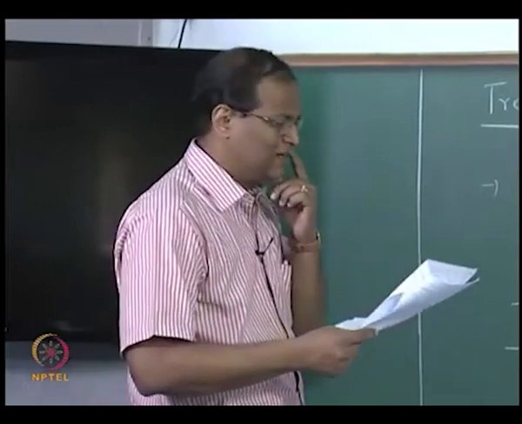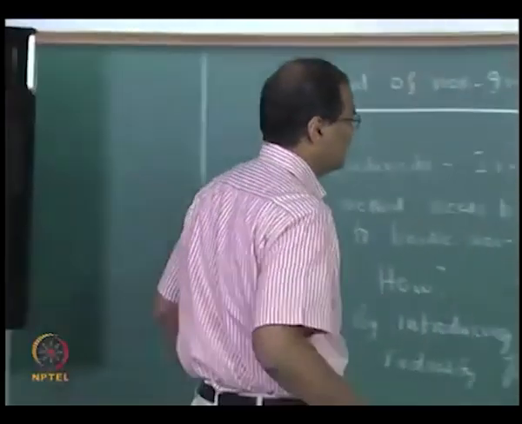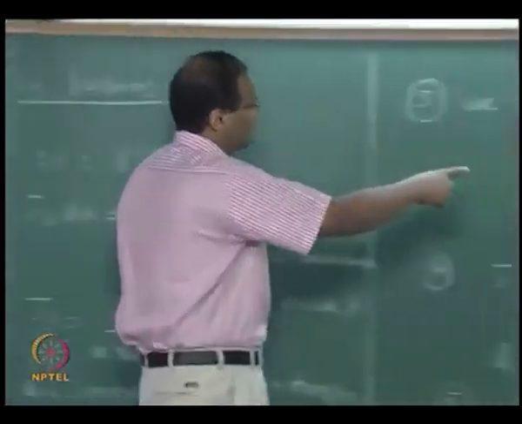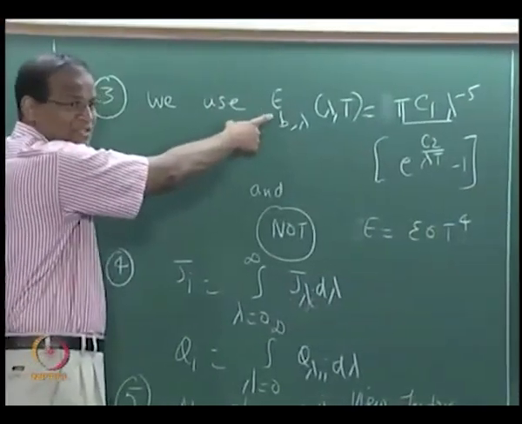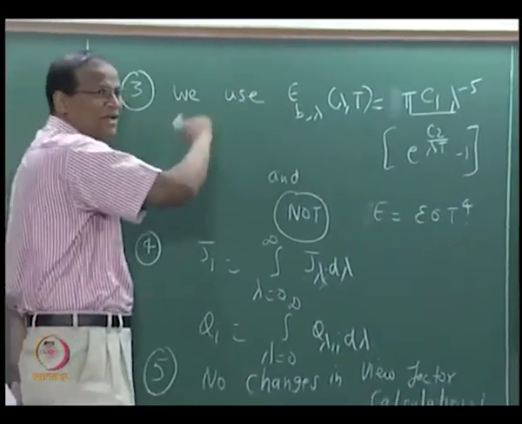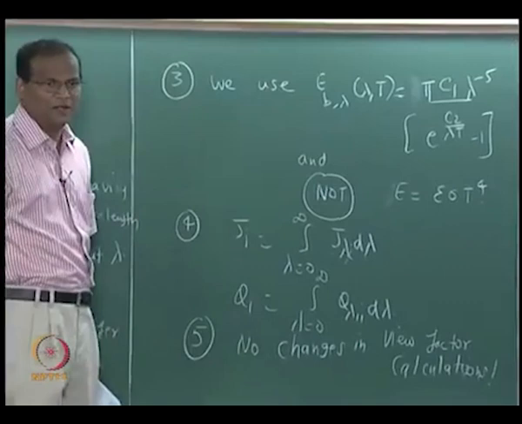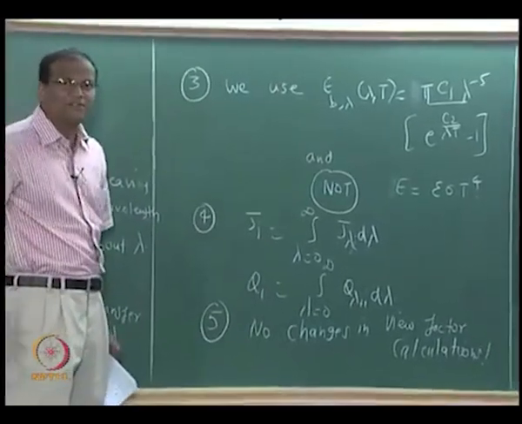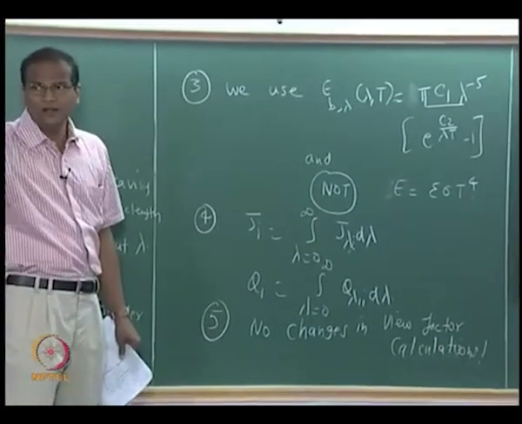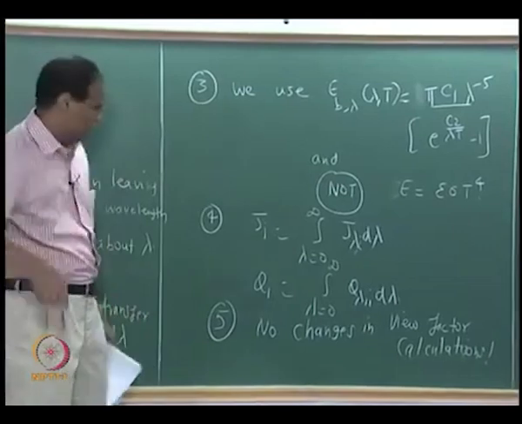Now shall we write the, and then most importantly, since I am using this and then I am telling you that epsilon lambda is a function of lambda, in various wavelength intervals I have to use what? I have to use F charts.